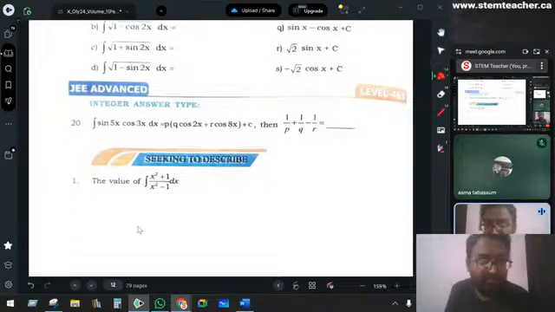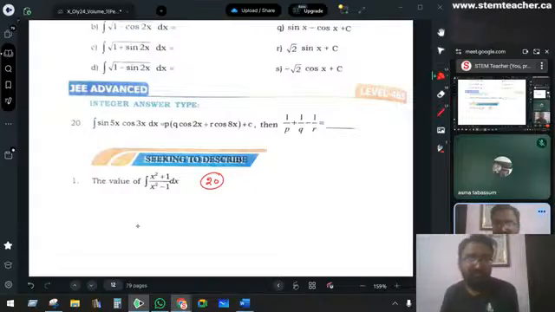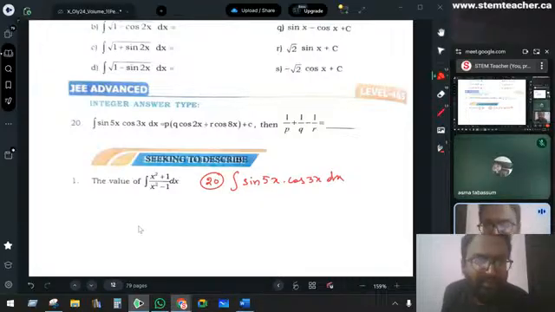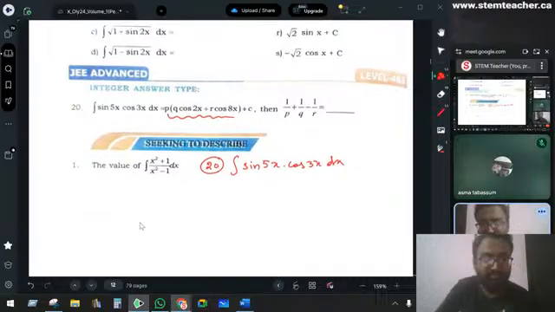Now it is the 20th one. How can you do the 20th? It is a complicated question. Now you have to use your IIT mind, Olympiad mind. Sin 5x into cos 3x into dx. There is a direct technique. Please provide the answer.